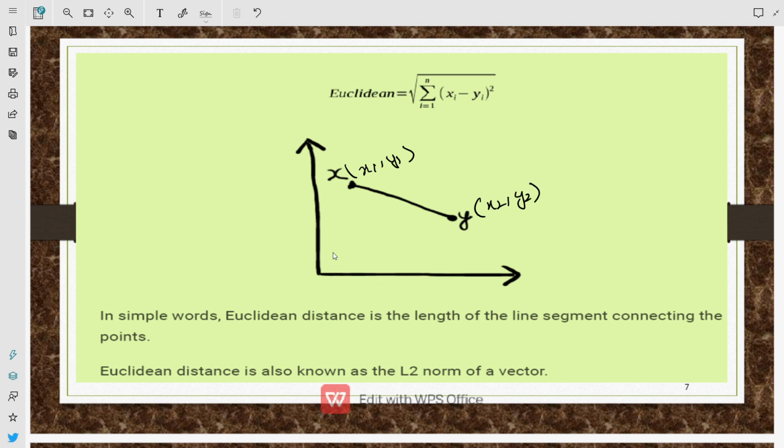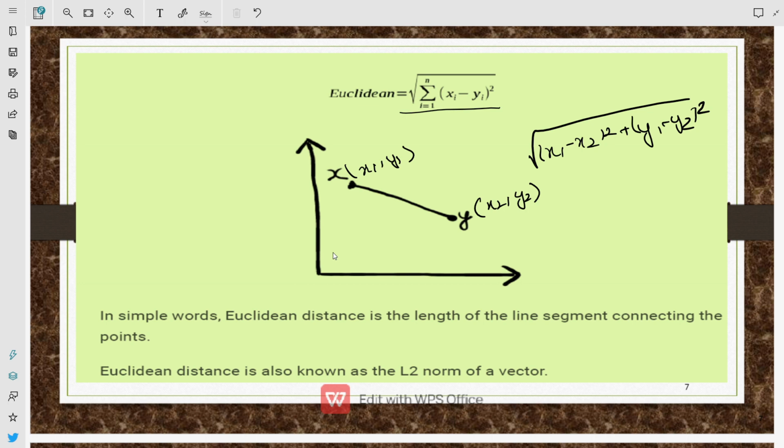If I wanted to find the distance between these 2 points, this is the formal notation of the Euclidean distance. When we come to the formula, that is x1 minus x2 whole square plus y1 minus y2 whole square, all under square root. Okay, so this is how we'll find out the distance between 2 points.